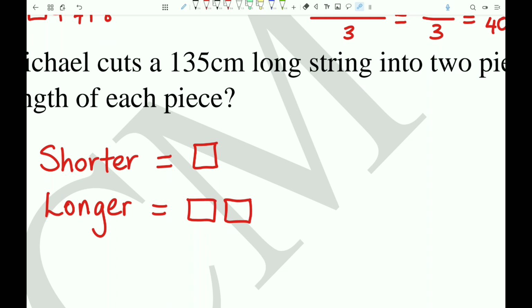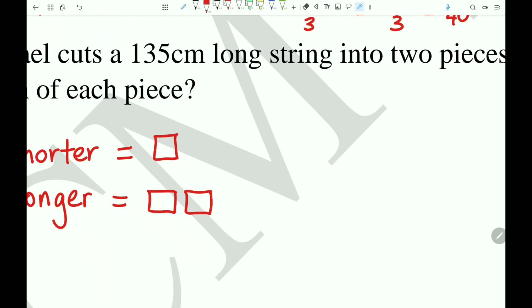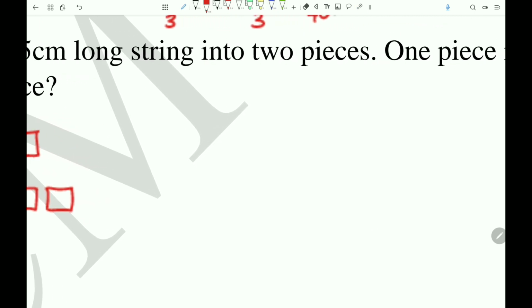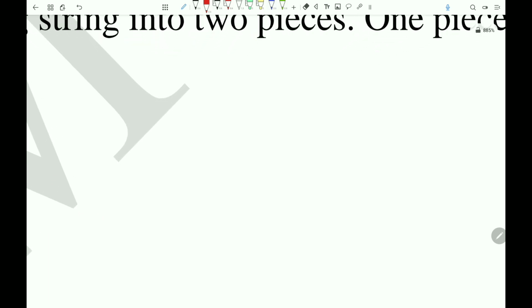Now from here, we figured out the length of each piece in terms of box. It's the same process. There's no extra numbers on the outside, just boxes. So what we'll do is divide by the number of boxes. So that will give us the value of box.